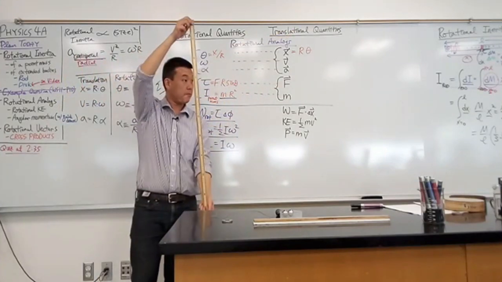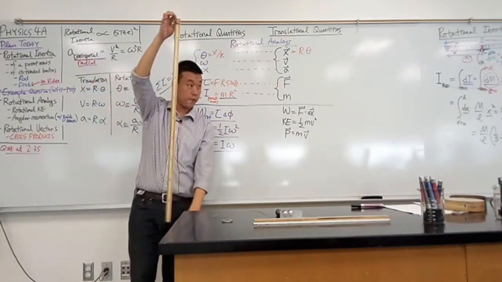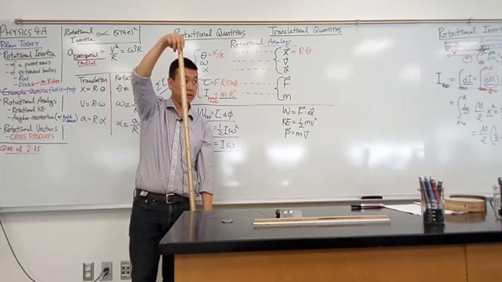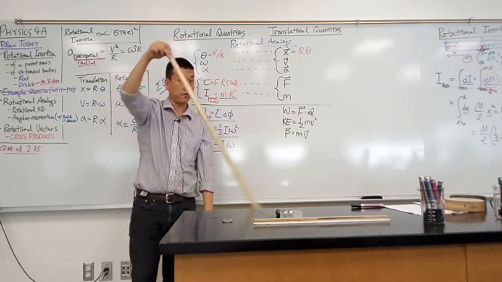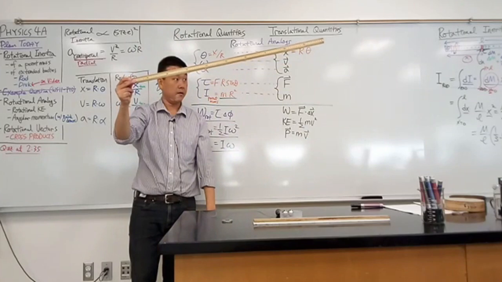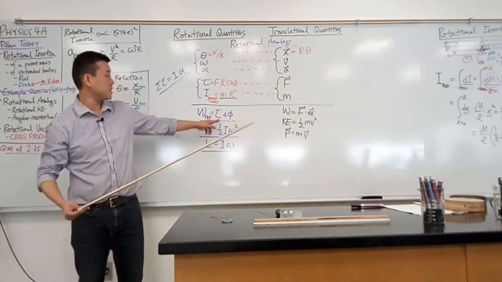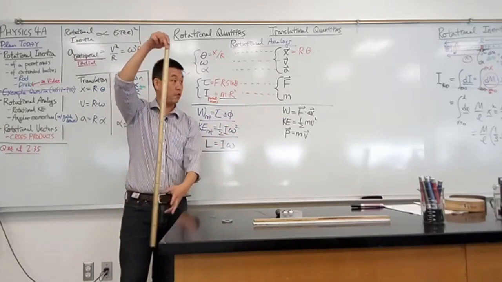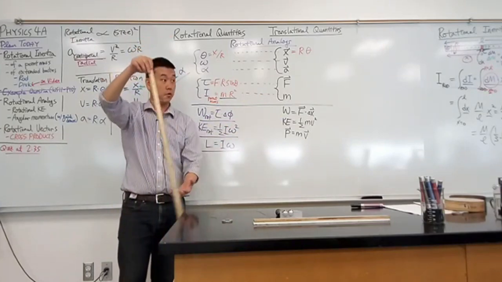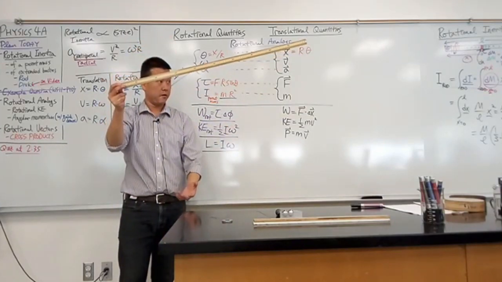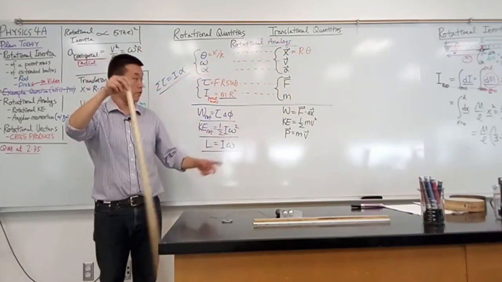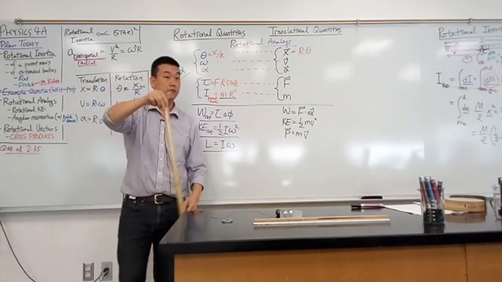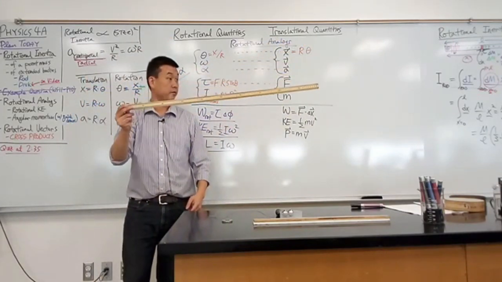So actually, I can imagine applying torque differently. Instead of applying a force here, I can apply torque near the axle. I can apply torque this way. So, in this expression, you don't even have an actual description of torque based on force. I would simply give you what the torque is to bring it up to here. And that torque times this delta phi would give you the amount of work you had to do.